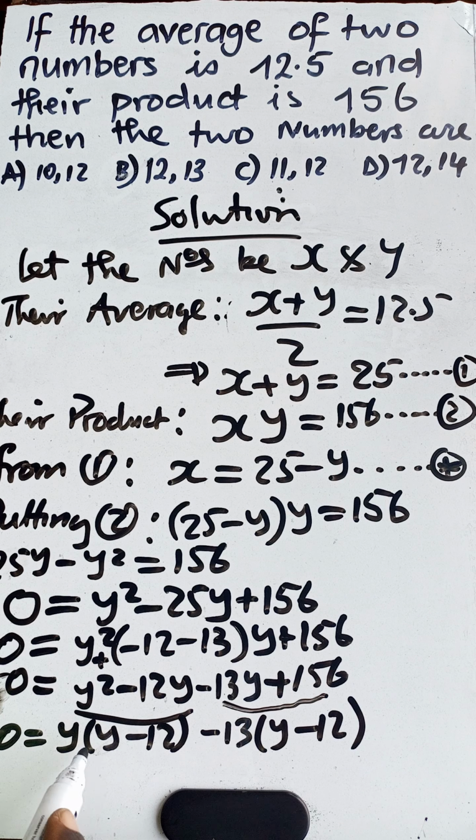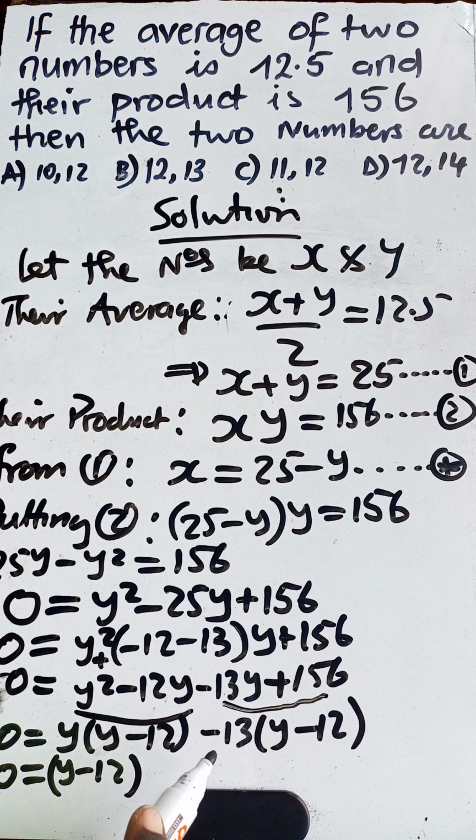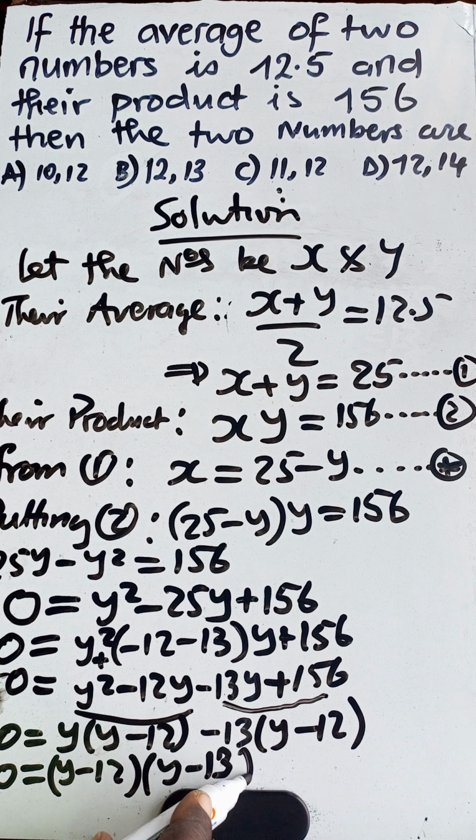So y minus 12 is common. Factorizing it out, we're left with y from the first part and negative 13 from the second. So finally, we'll have y minus 13.